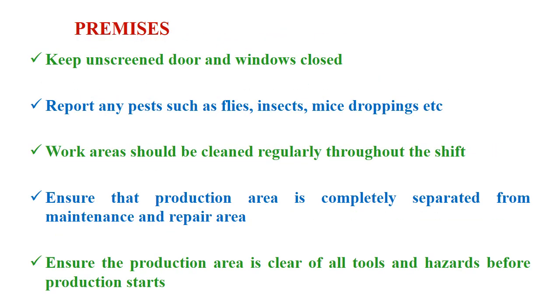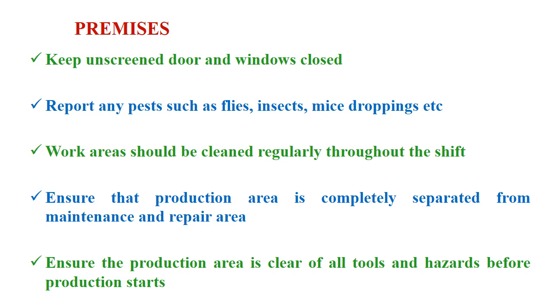Here are some specific precautions related to premises, like keep unscreened doors and windows closed. If there is no screen in doors or windows, they should be kept closed. Report any pests such as flies, insects, mice droppings, etc. Work areas should be cleaned regularly throughout the shift.